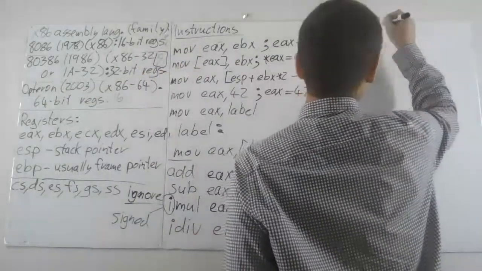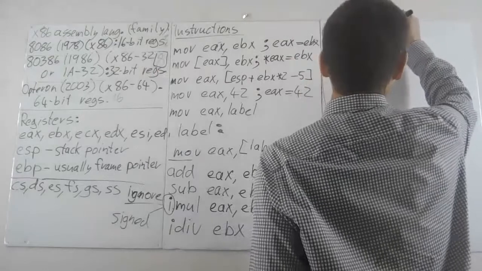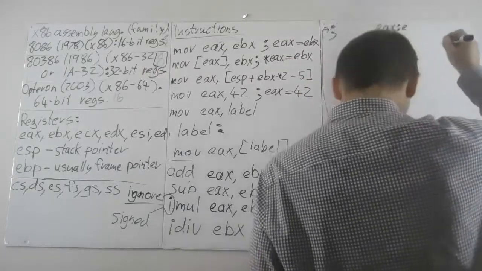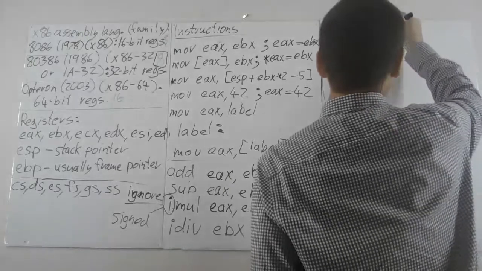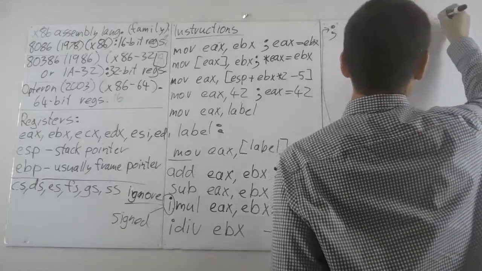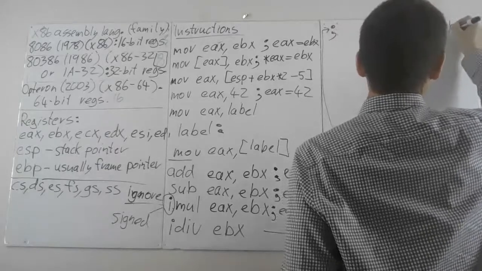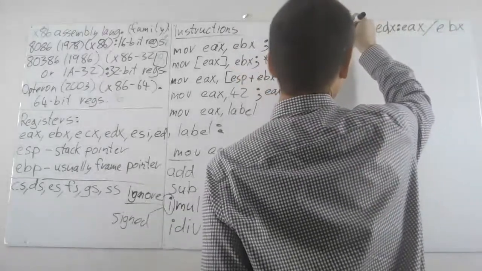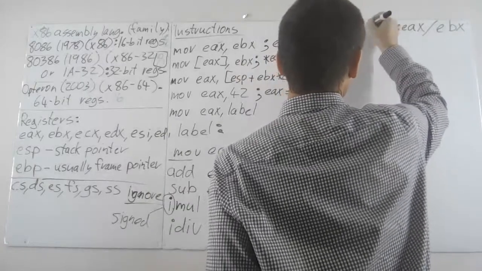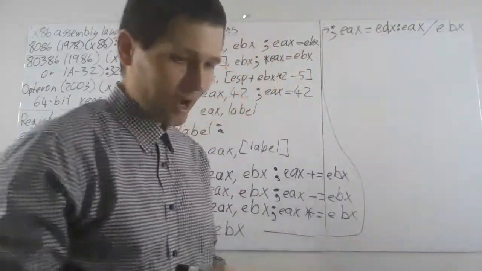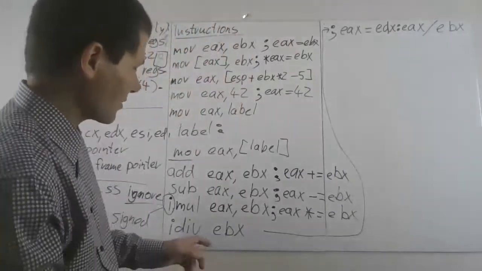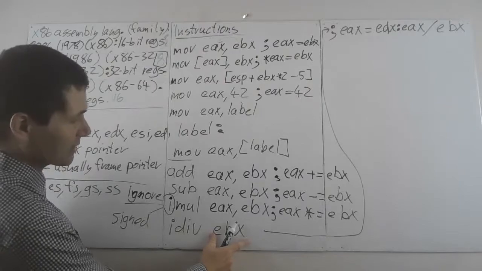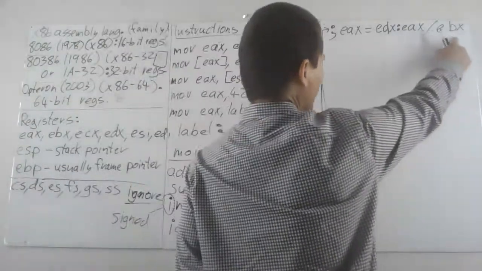What this will do is divide a 32-bit number in EDX and EAX by EBX, and assign the result to EAX. That's the operation that you get. This register, you can choose any register that you want. That's what you're dividing by.